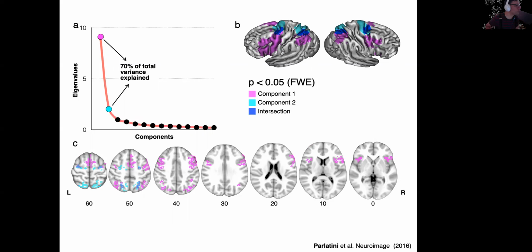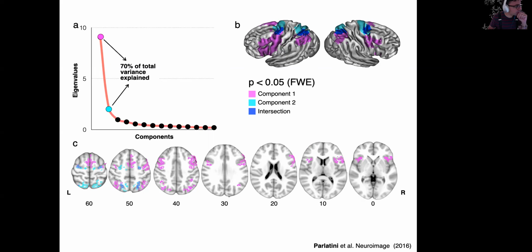Those first two components together, if we manipulate their intensity, can reproduce all the maps you've seen before with 70% accuracy, in exact numbers in each voxel, which is quite impressive if you think about it.